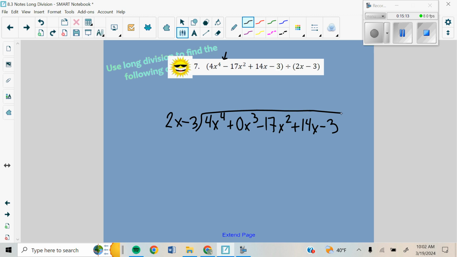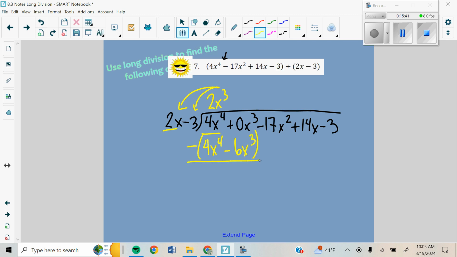All right, so I'll do the first step with you, and then I want you guys to finish this one out. I have a 2x this time, so I'm going to times that by a 2x cubed here, and I need to distribute it into both of those. So 4x to the fourth minus 6x cubed.